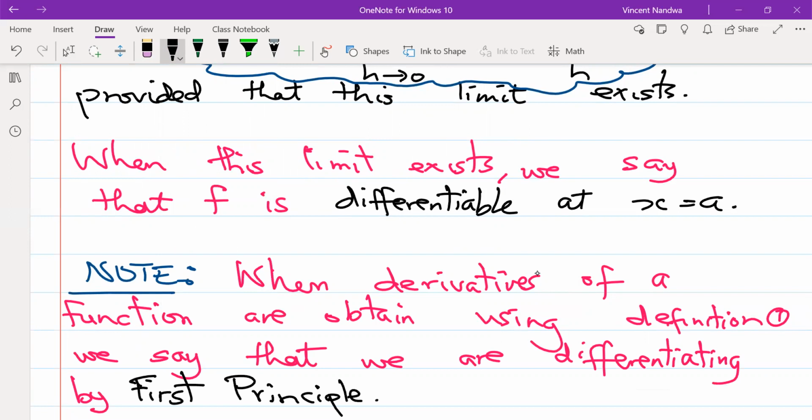So when you use limits to find derivatives of functions, we say that we are differentiating by first principle.